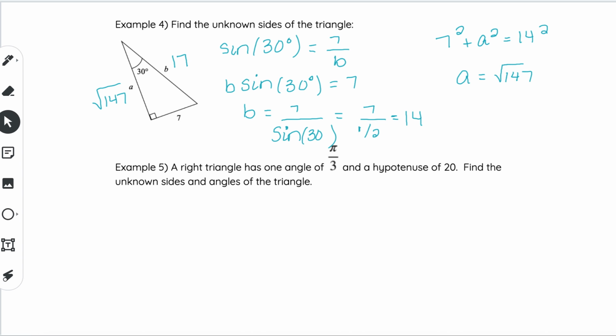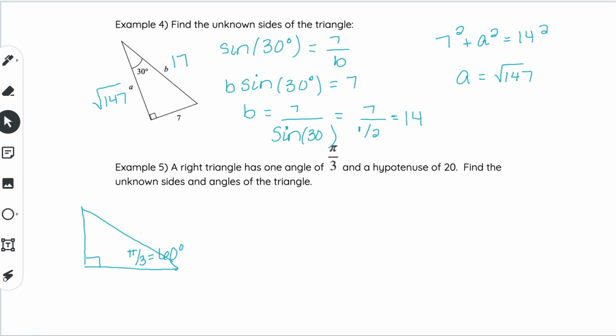Let's look at example 5, where we have a right triangle that has an angle of pi over 3, and it tells us the hypotenuse. Find the other sides. Just going to draw a right triangle so I can get an idea. I'm a picture person. This is pi over 3. We know pi over 3 is the same as 60 degrees, if that's helpful for you.